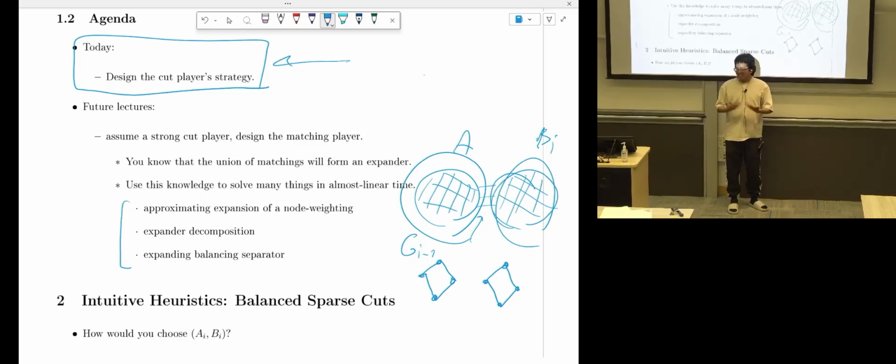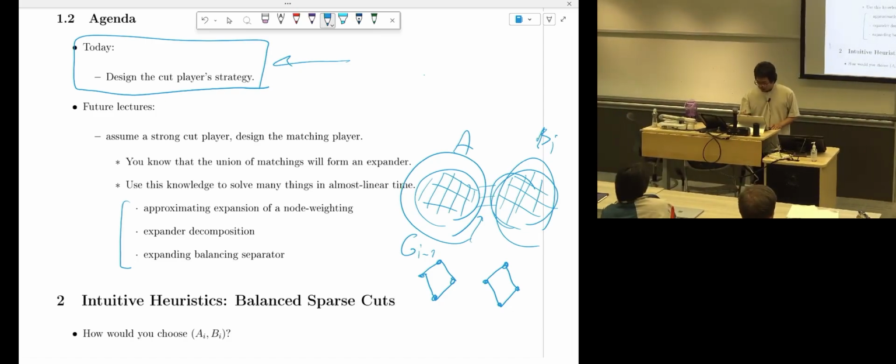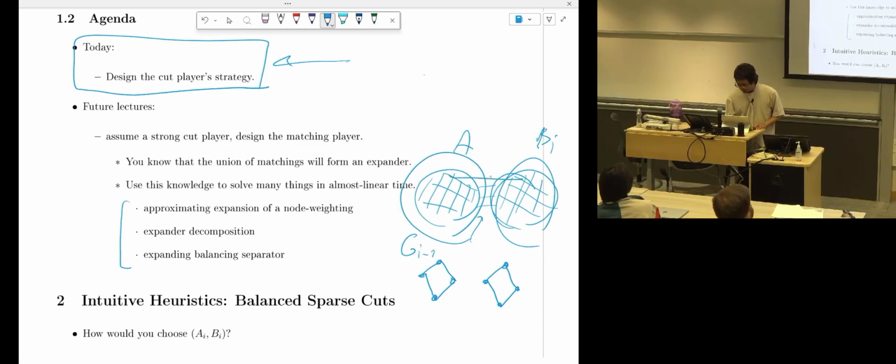We want the all-one vector to be expanding. So if there is a sparse cut, just choose that cut. At least it fixes that cut, right? Once you choose this, there will be a matching crossing this, and now this is not sparse anymore. You agree, right? This is really intuitive.